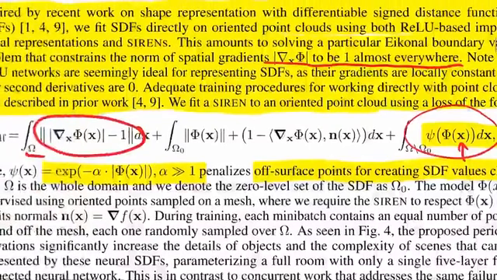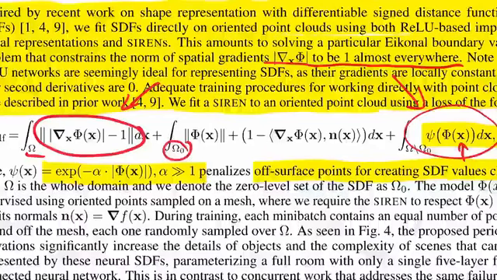So we have this condition right here on the gradients, which we know a signed distance function should fulfill. We have this thing right here, which is a regularizer, basically telling points far away from our data that they should have a high distance function. And then we have this last thing right here, which is for all the points on the surface itself. Here's what we require.